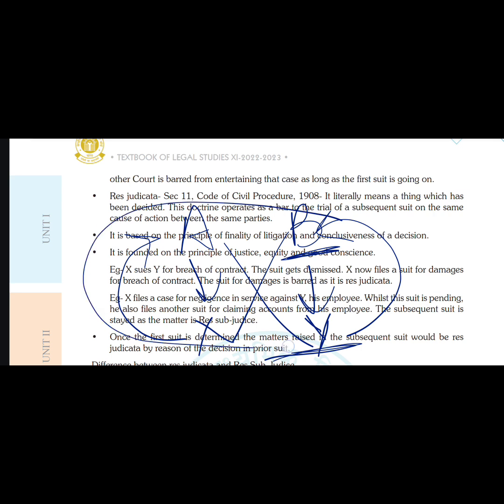So to avoid all this chaos of which decision to follow, which is correct, we have section 11, that is res judicata, which operates as a bar to the trial of a subsequent suit on the same cause of action between the same parties. Cause of action means why the action has been initiated, action that is filing a suit.